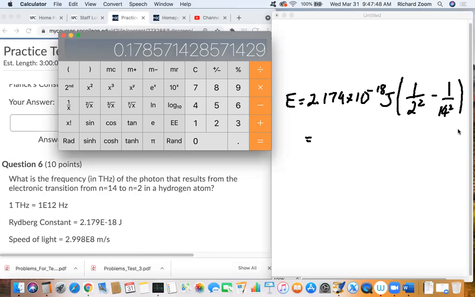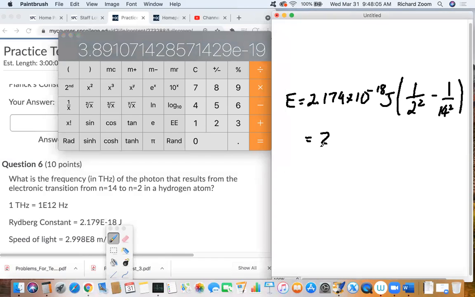Okay. So that's the part in parentheses. Multiply that by 2.179 times 10 to the negative 18. And there you go. So 3.891 times 10 to the negative 19 joules.